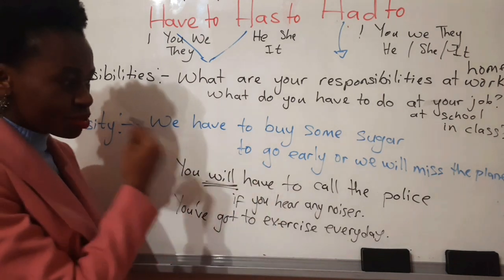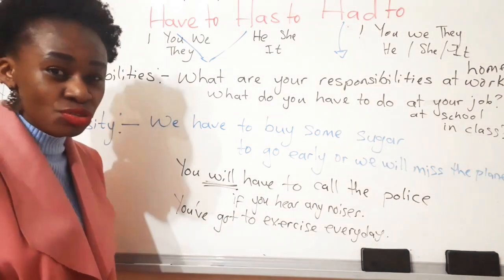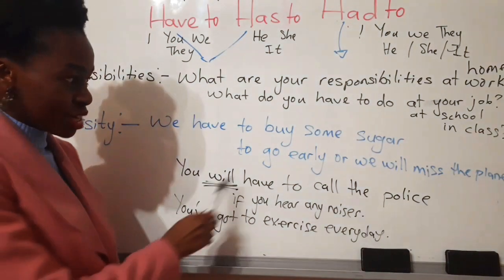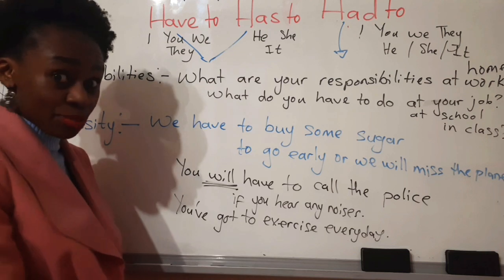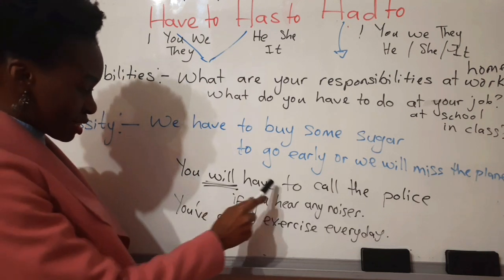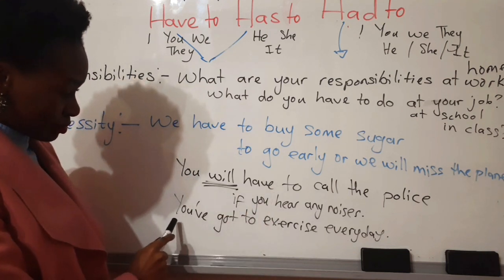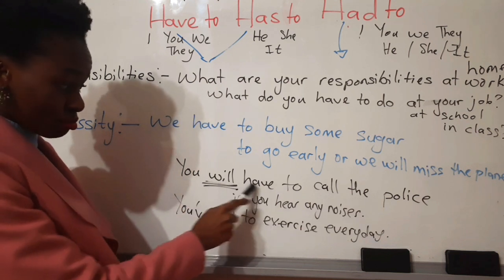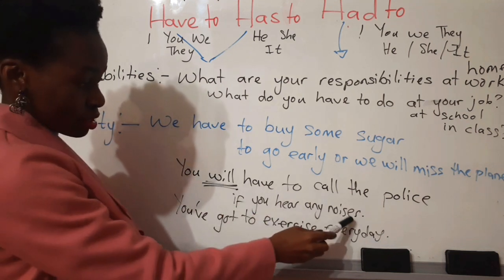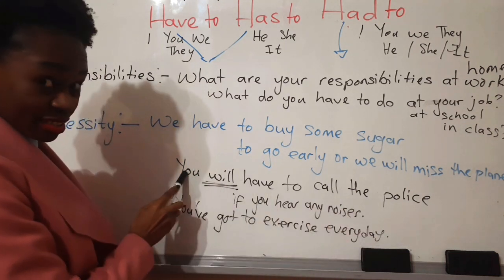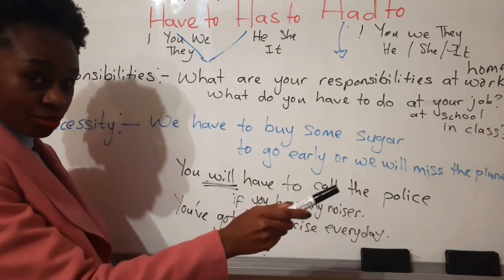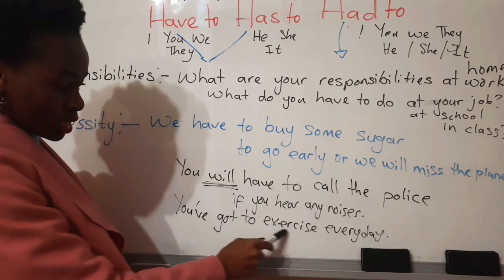Or you'll have to call the police. Or you'll have to drink tea without sugar. So this is the future form. You'll have to. In the future, you've got to exercise every day.